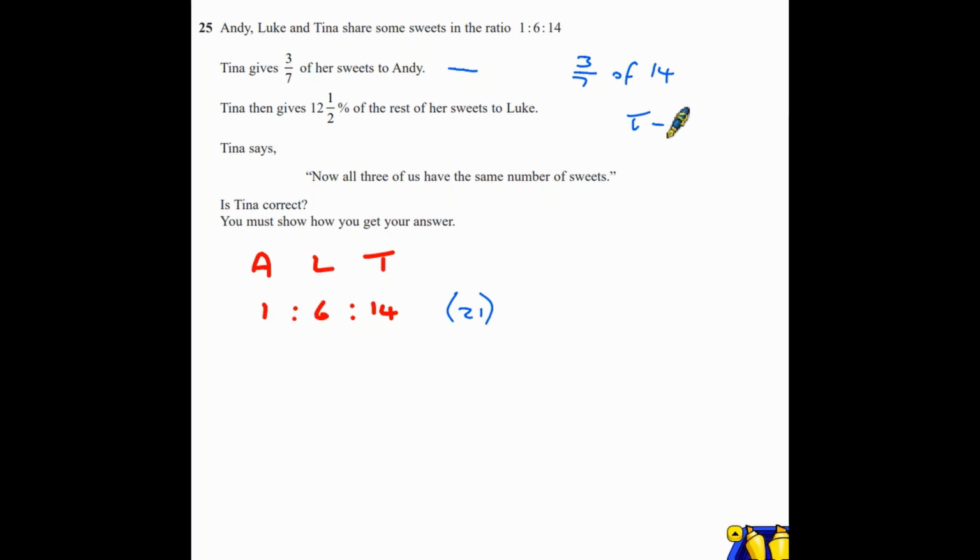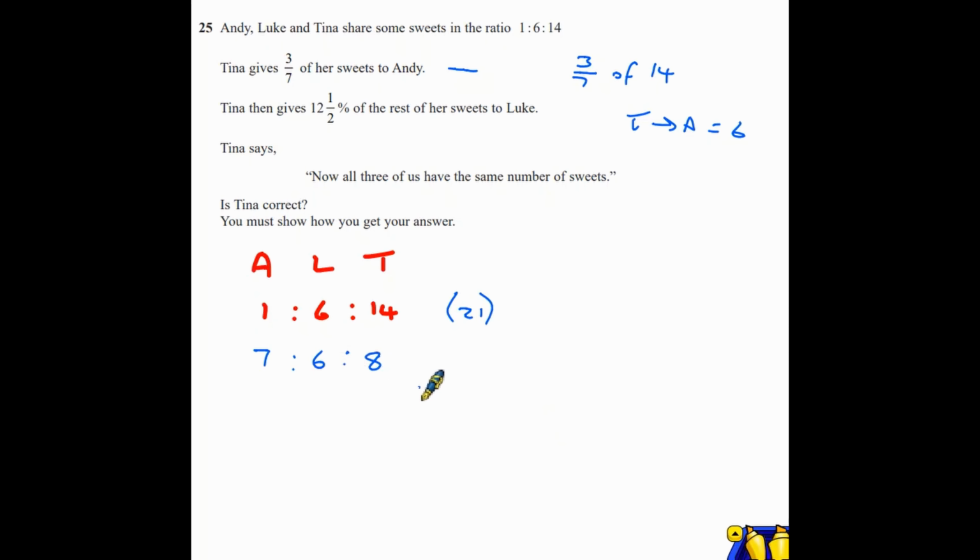So Tina to Andy equals 6. So what do we have now? That means that Andy now has 6 extra, so he's got 7. Luke hasn't been affected by that transaction, still got 6. Tina has 14 minus 6. Tina now has 8.